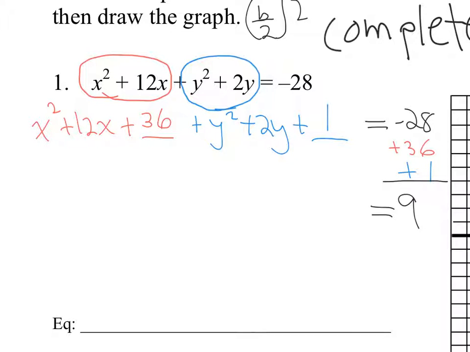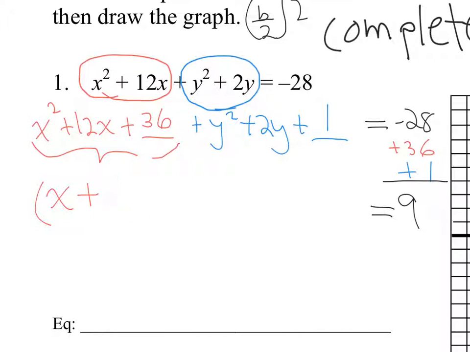Now that we just created a perfect square trinomial, let's go ahead and factor this. This will become x plus 6 squared. Why?